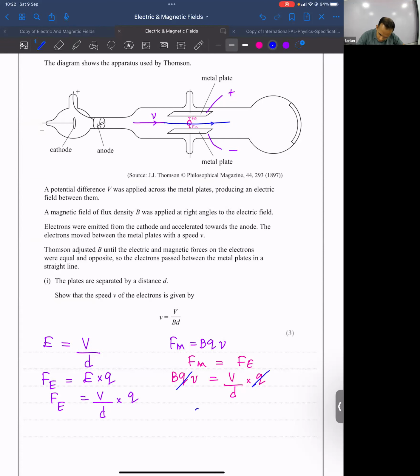So simple V equals capital V over BD. That is what they have told you to prove. The speed of the particle will be V over B. Right?